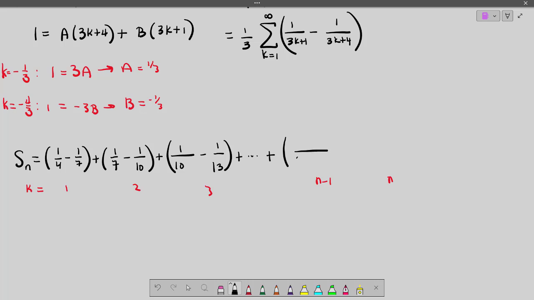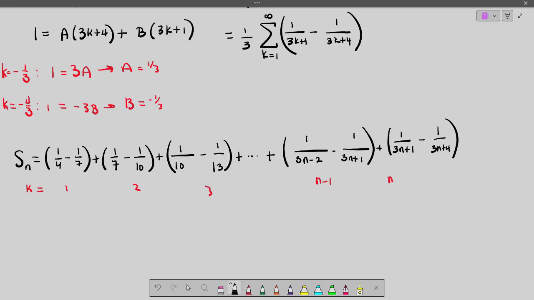So we're going to end up with 3n minus 2 minus, n minus 1 here, 3n minus 3, so we're going to end up with 3n plus 1. Plus, and then we plug in the n, that one's pretty straightforward. So we have 3n plus 1 minus 3n plus 4. All right, so there is our S sub n.